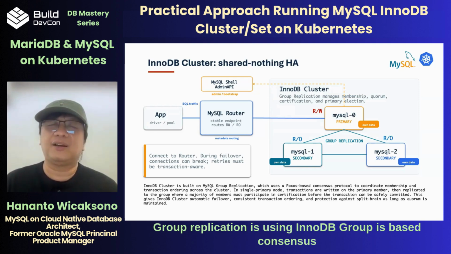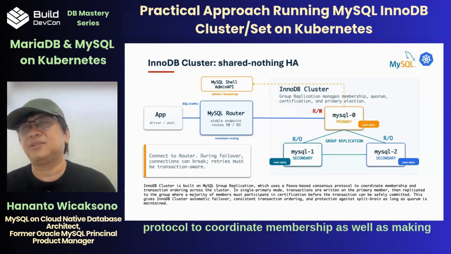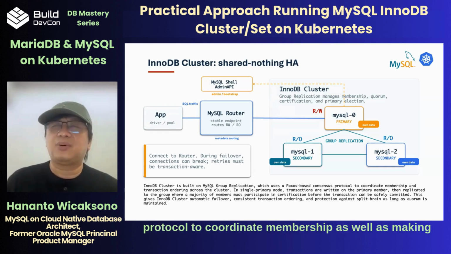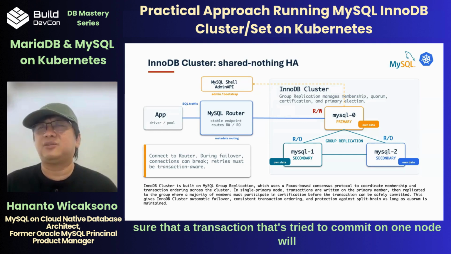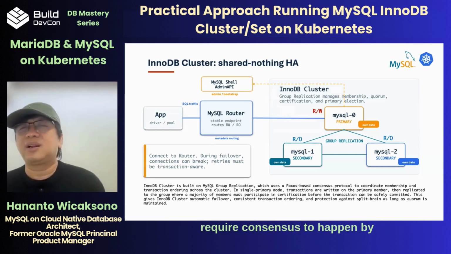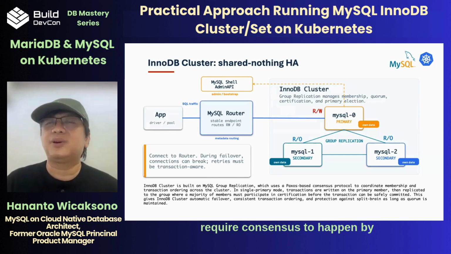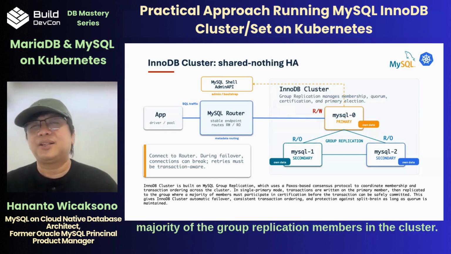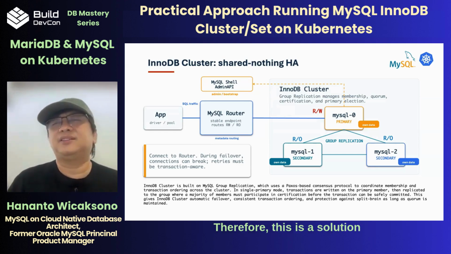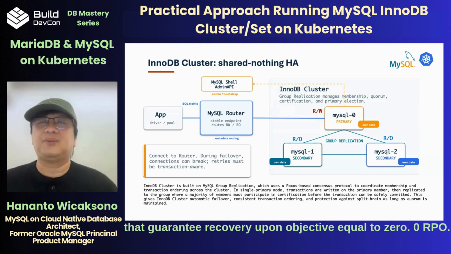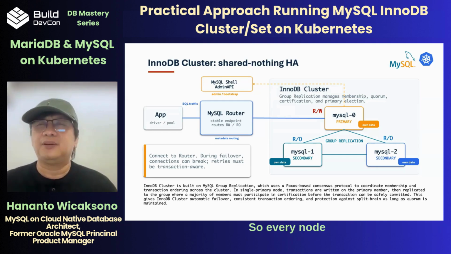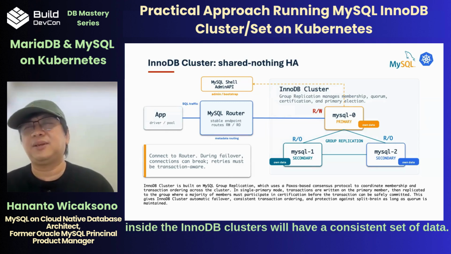Group replication uses a Paxos-based consensus protocol to coordinate membership, as well as to make sure that a transaction trying to commit on one node requires consensus from the majority of the group replication members in the cluster. Therefore, this is a solution that guarantees a recovery point objective equal to 0, so zero RPO. Every node inside the InnoDB cluster will have a consistent state of data.